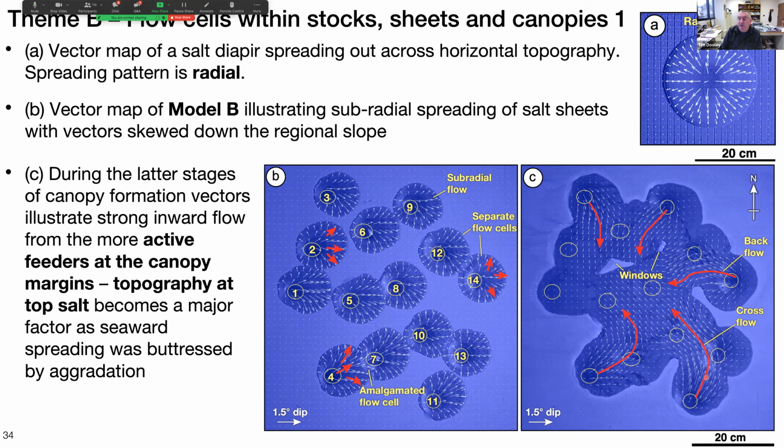That's because at this stage, the relief at top salt becomes extremely important, and salt then begins to flow into local topographic lows within your canopy system.